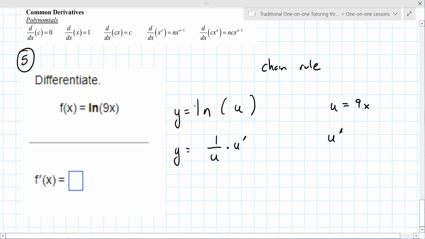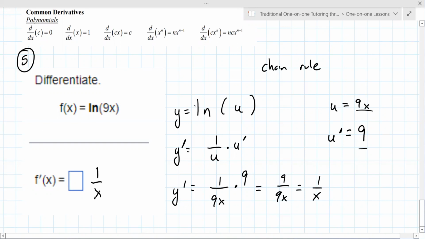So you need the derivative of 9x. You already know u. The derivative of 9x is 9. So this derivative becomes 1 over 9x times 9, and you're just filling in u and u prime. And this is obviously 9 over 9x. The 9's cancel, and it's 1 over x.